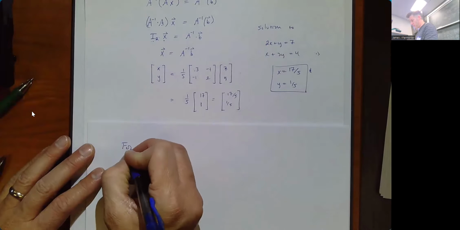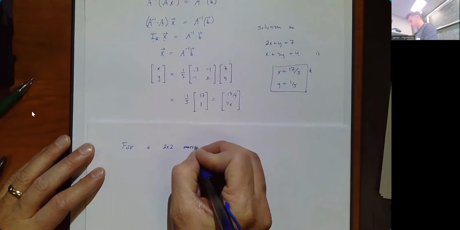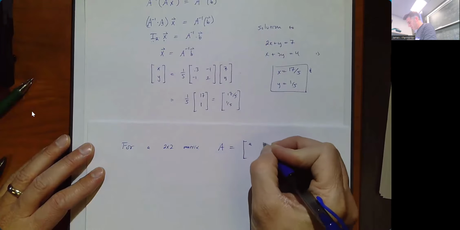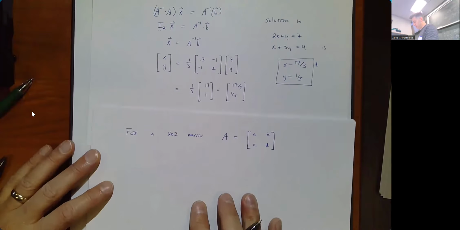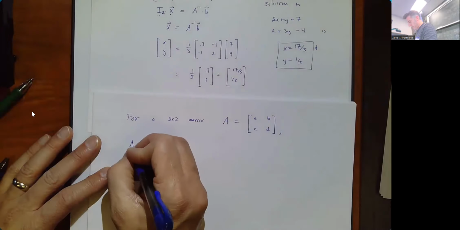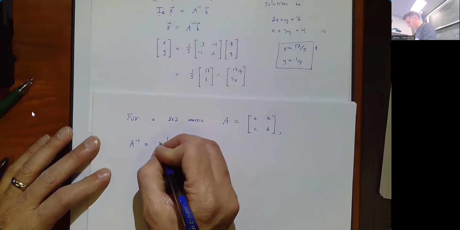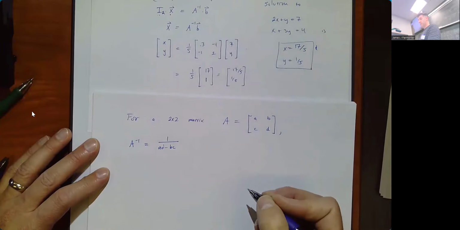So for a 2 by 2 matrix A equal to A, B, C, D, A inverse is equal to 1 divided by AD minus BC.